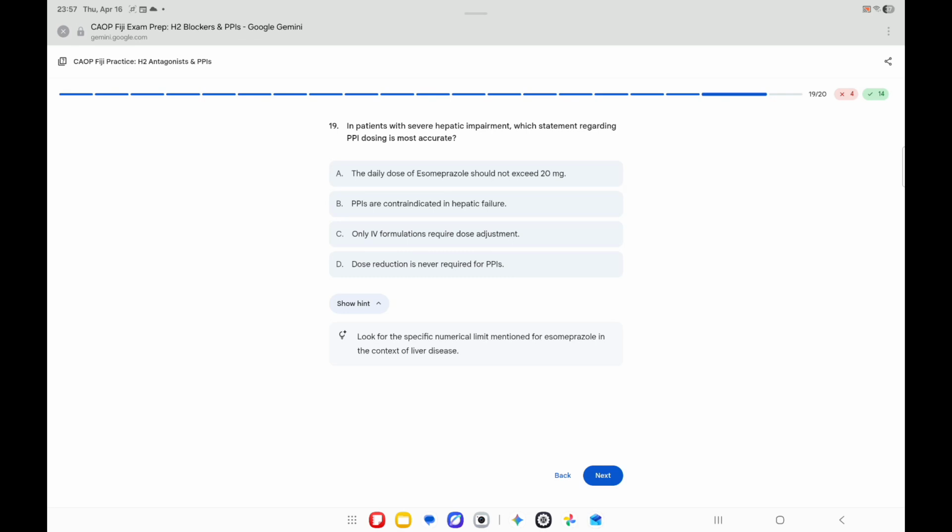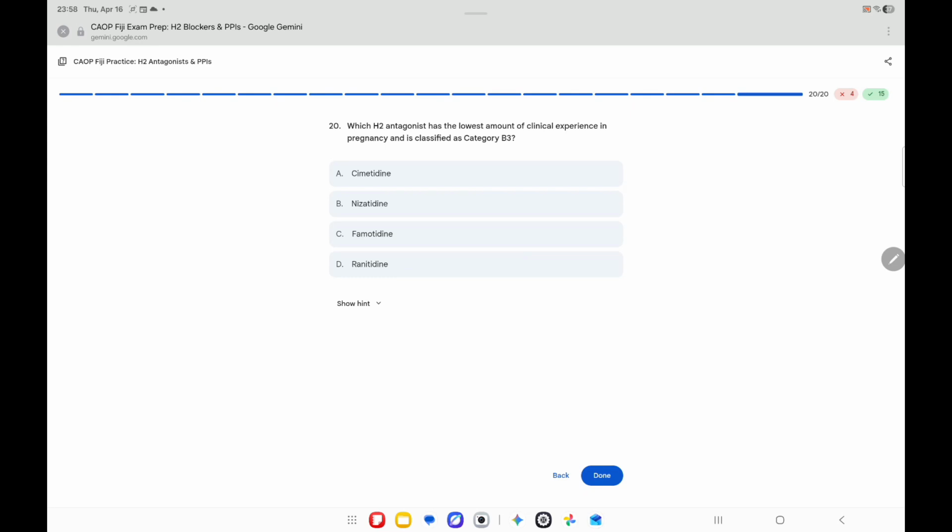It's not contraindicated in hepatic failure. It is all about dose adjustment, meaning dose should be reduced in hepatic impairment. Dose reduction is actually required. So option A is the best choice.